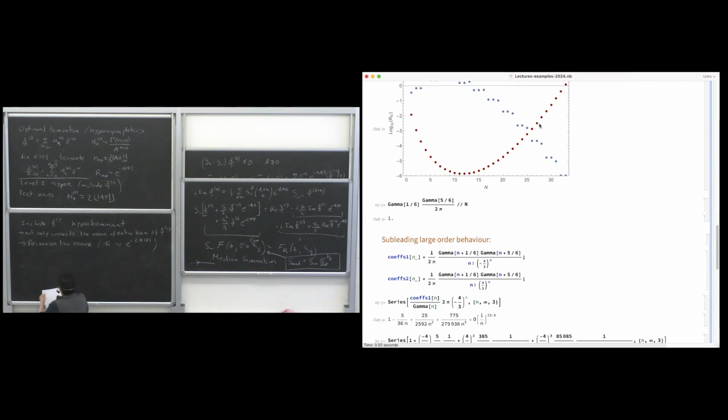But it's not enough to do optimal truncation of phi 1. The problem with doing this to higher and higher orders is that there are formulas, but the formulas become more and more complicated.